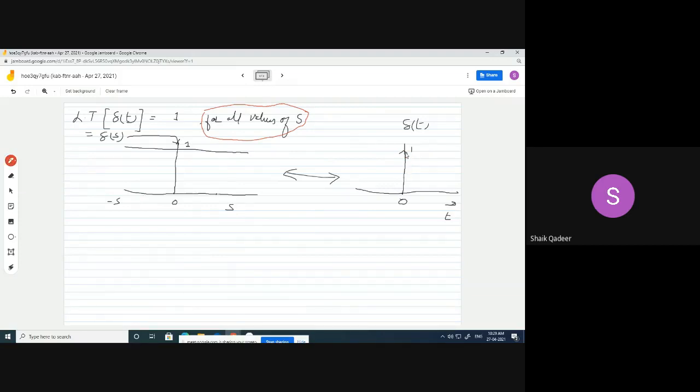Please observe this. At only this instant, delta T is equal to 1. In S domain, the case is like this. In time domain, the case is like this. Is it clear to everybody?